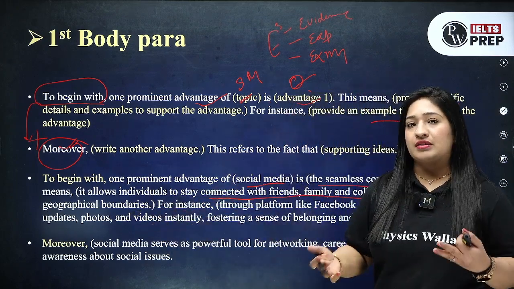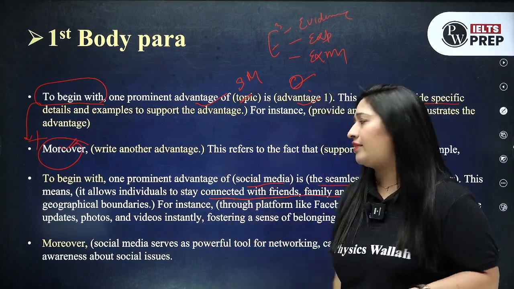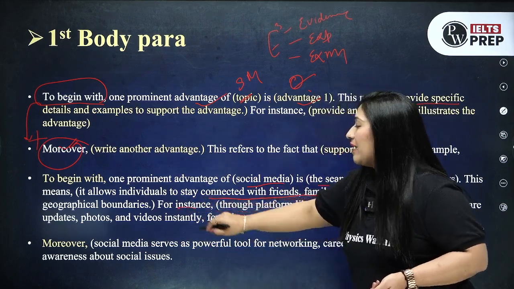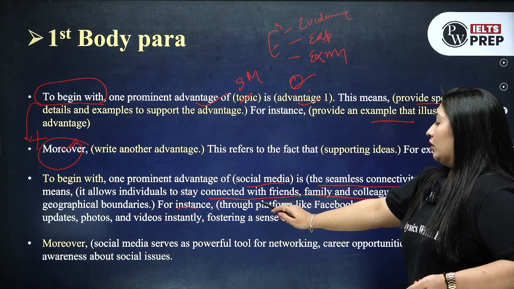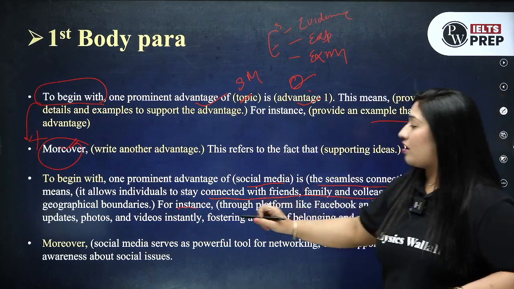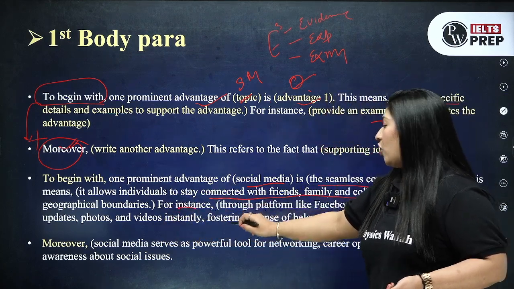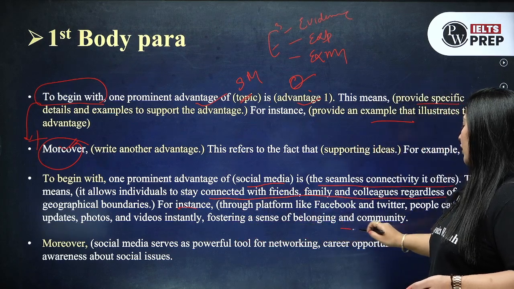Of course, it is allowing people to connect all the time, no matter how far they are. Now I'm explaining it by saying, for instance, through platforms like Facebook and Twitter, people can share updates, photos and videos instantly, fostering a sense of belonging and community.